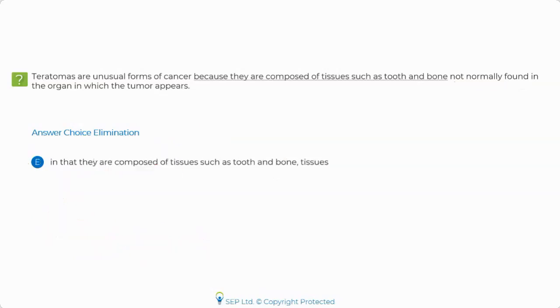Let's move ahead. Again, E, in that they are composed of tissues such as tooth and bone. Okay. Such as tooth and bone here is also an example. But you will see there's a comma and then we have tissues not normally found. Now, if you notice this is what we call a flexible modifier, which we will learn later on.